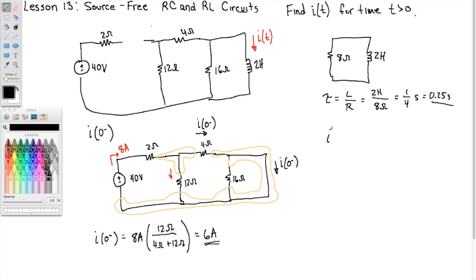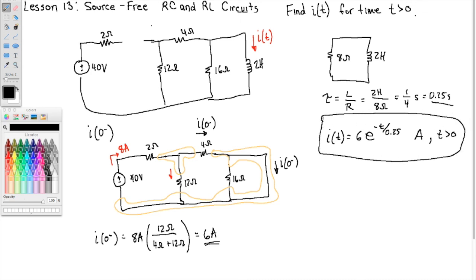We know then I of t is going to follow this form, where it's the initial value, 6, times e to the minus t over tau, 0.25. And this is amps. Again, this is for t greater than 0. That's the answer. It can be a little tricky if you're not quite used to it. Let's do one more.